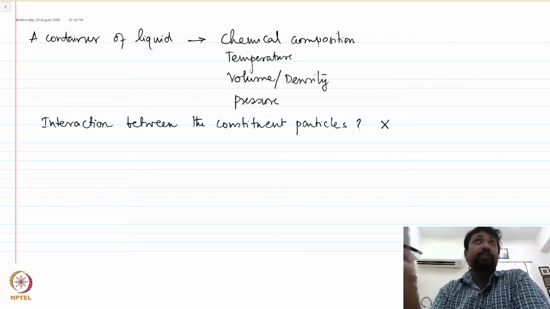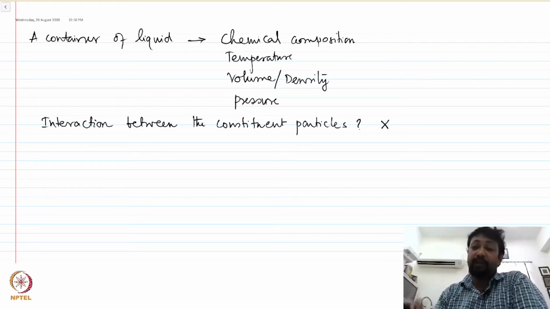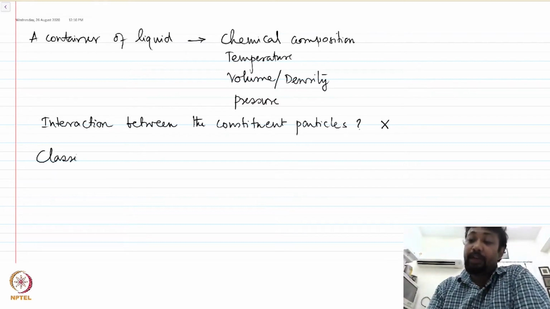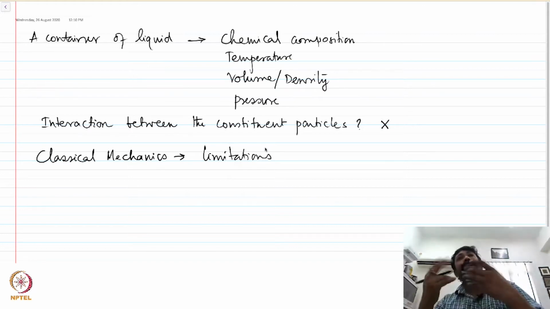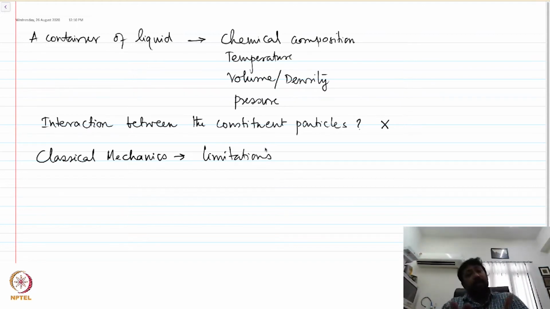So the need for thermodynamics arises from the fact that classical mechanics, as we know it today, has its own limitations. What does it mean? It means that if I give you one single particle, and if you know the force on that particle, then you can very clearly find out the trajectory of the particle given the initial conditions.